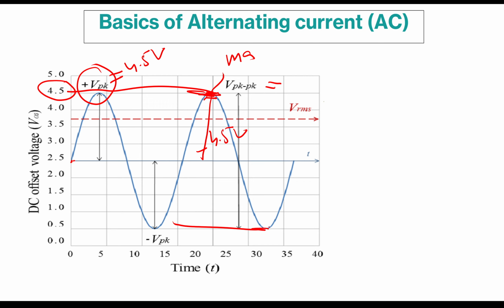Most of the time this line is zero, but here it is not zero. So this is a positive maxima, and this again is a maxima, but a negative maxima.